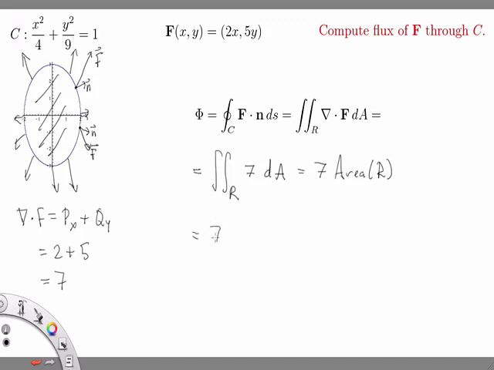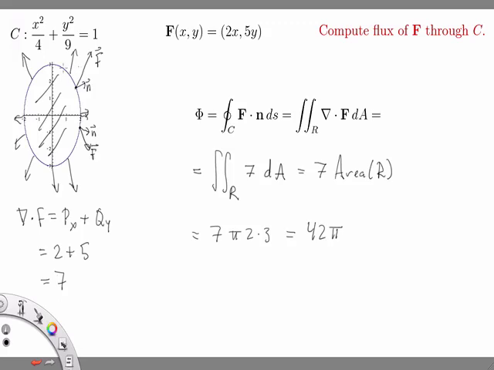It's simply pi times 2 times 3. So in the end, I have 7 times 6 is 42. And so 7 times the area is 42 pi. And so this flux integral over C, this integral F dot n ds, is equal to 42 pi because we could do a straightforward calculation of the area.